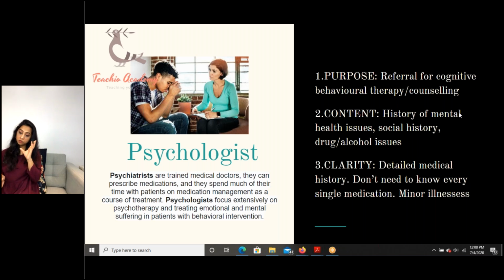So the focus, or the job, is the same, the means to do that job is going to differ. One is going to use therapies, the other one is going to use medication. So just understand that concept. Guys, if you've understood that, please type in yes, because it's a very important concept that you need to understand before we can move on to the content and clarity, because this will come in.